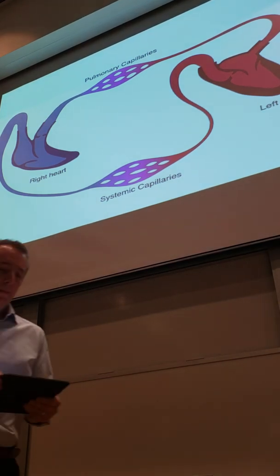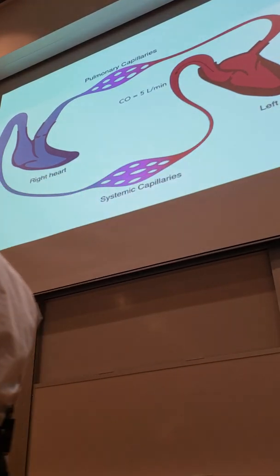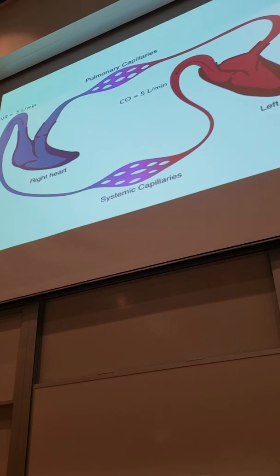So we can say a typical cardiac output is about 5 liters per minute. This is at rest. Most of us here, within reason, are going to have a resting cardiac output of about 5 liters per minute. That's the left side, and it's going to travel through the circulatory system, and 5 liters per minute are going to be pushed through and coming into the other side of the heart at the same rate.